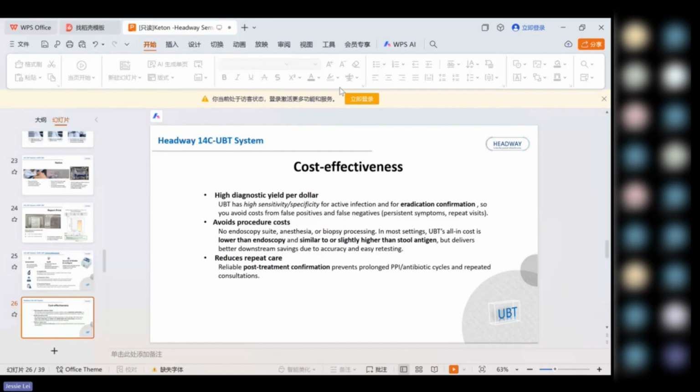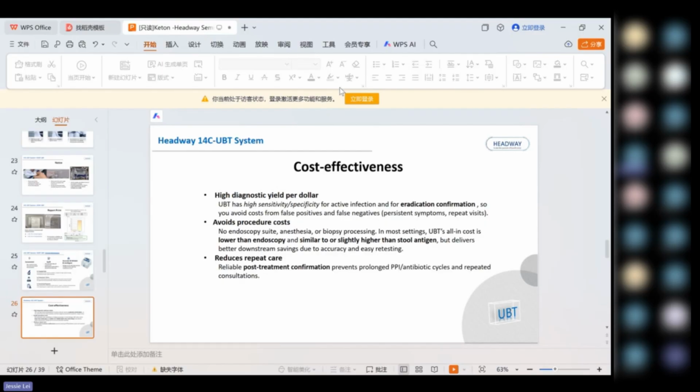Our carbon-14 urea breath test system is cost-effective. Why do we say that? We can see UBT has high sensitivity and specificity for active infection and eradication confirmation. So you can avoid costs from false positives or false negatives. And it avoids invasive procedures and the endoscopy cost.